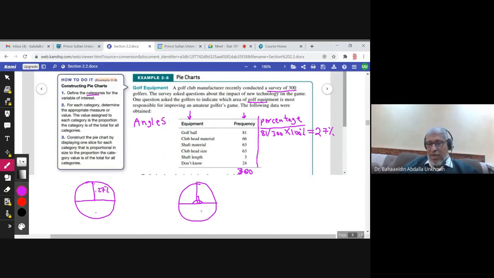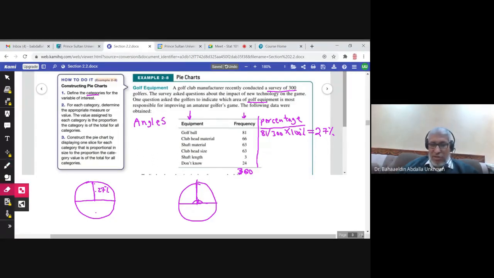And this angle 360. For 90, 90, 90, 90, you can find the angle of each category and put it here. You can put it exactly by the first angle here, then the second angle starts from this to the next, and the third, and so on.